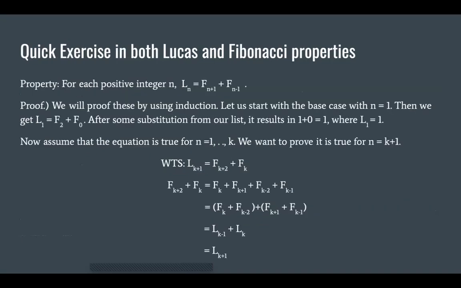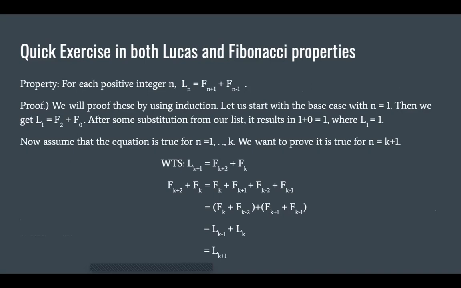So just a quick exercise in both Lucas and Fibonacci properties. Since they are the same properties, but just different starting points, you can have a little fun with the recursive formula. So the property that we'll be proving is, for each positive integer n, L sub n equals f sub n plus 1 plus f sub n minus 1.